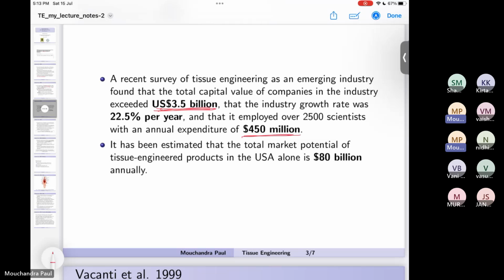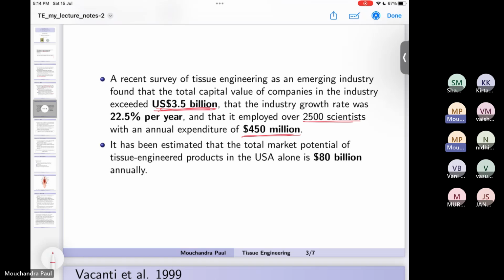So much money has to be spent, and there are over 2500 scientists. Now almost in every IIT or IISc or IISER you will find at least one faculty who is working on tissue engineering. Even in India and abroad, everywhere you will find one or another faculty working on tissue engineering or a similar area.